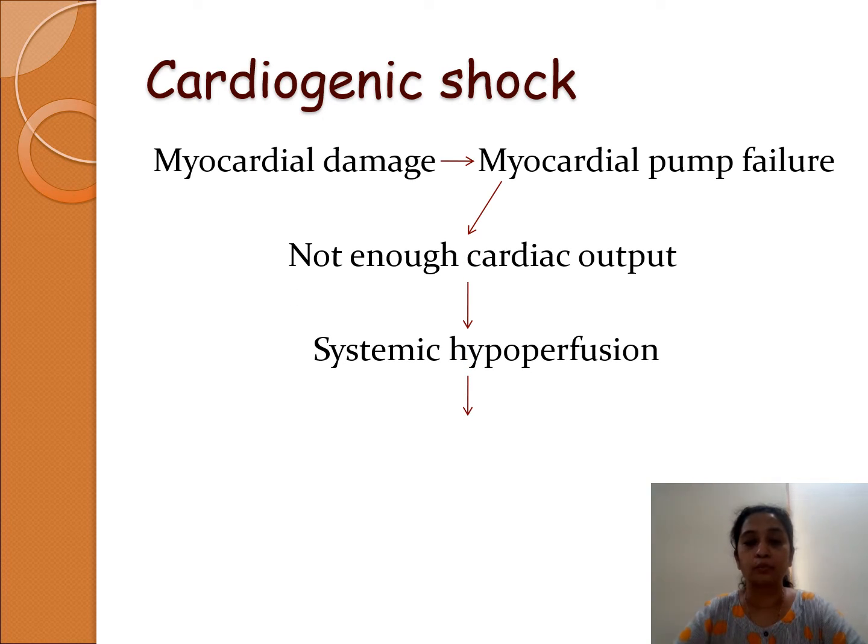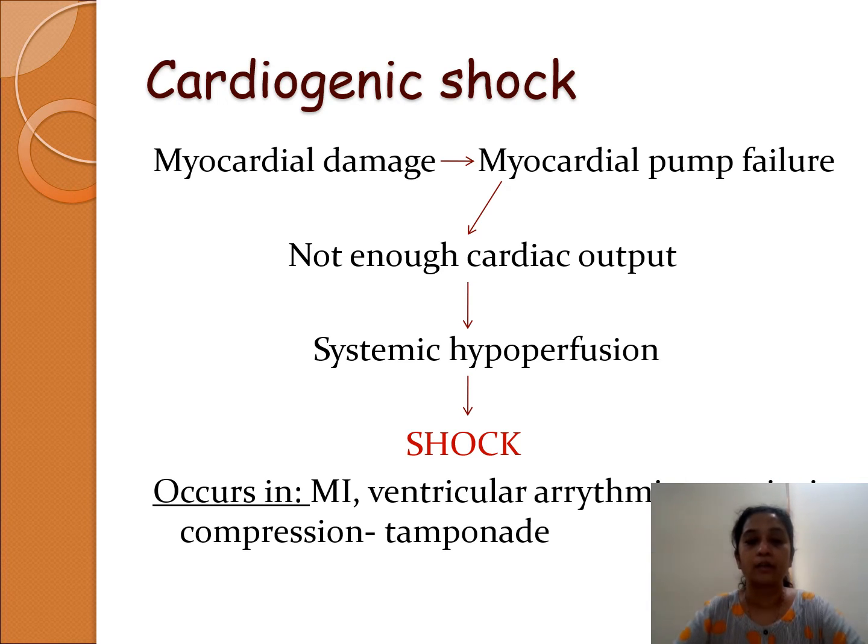The cardiac output is not sufficient to maintain the blood pressure, and there is systemic hypoperfusion leading to shock. This is the mechanism of cardiogenic shock. So this cardiogenic shock occurs in conditions like myocardial infarction, ventricular arrhythmias, or compression of the heart causing cardiac tamponade.